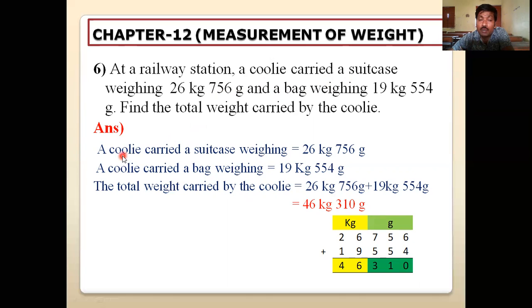Now write the statement here. A coolie carried a suitcase weighing 26 kg 756 gram. A coolie carried a bag weighing 19 kg 554 gram. And the total weight, when we add both the weights, we get 46 kg 310 gram. Now this is a very simple problem. You have already learned this type of questions in exercise 51.